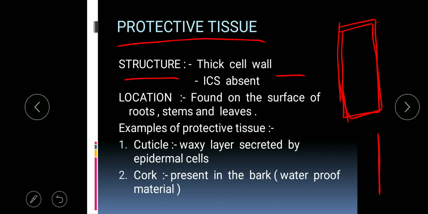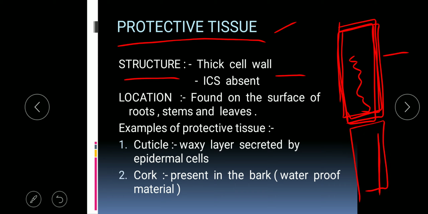In the same manner, the cells of the protective tissue will have a thick cell wall, and when it has a thick cell wall it will be able to protect the internal parts of the plant. Then, have you seen any boundary wall with so many gates, so many gaps in between it?